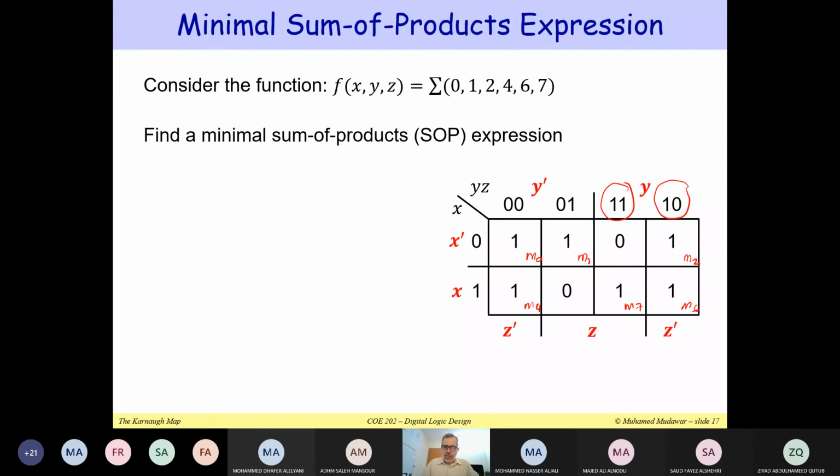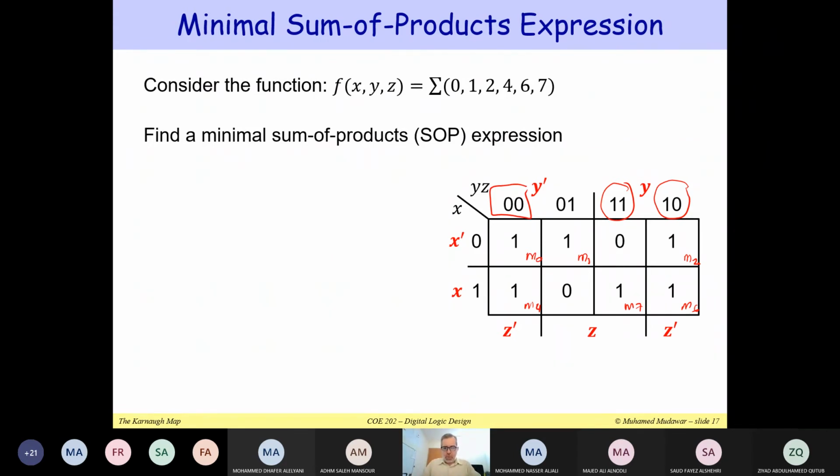So basically we can combine 4, which are on the boundary. Yes. So think about this Karnaugh map as wrapped around. So column 00 and column 10 are also adjacent. Those which are on the boundary are also adjacent. So I can combine M0 with M2 with M4 with M6. Correct? So I can combine 4 midterms.